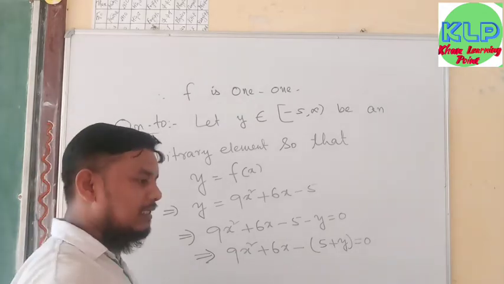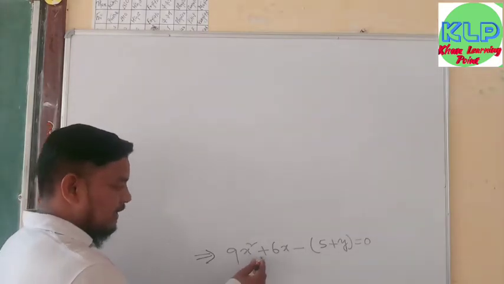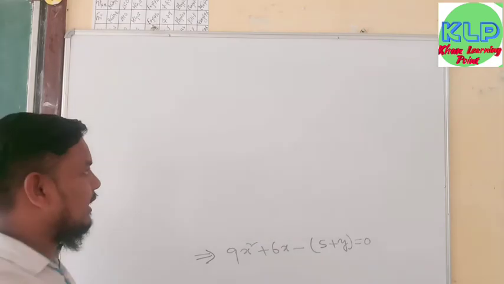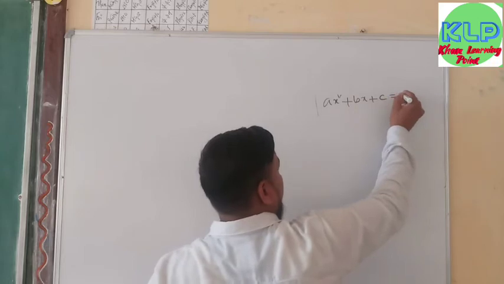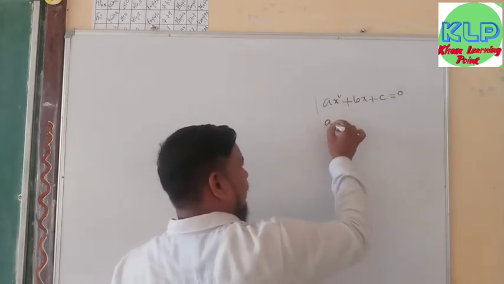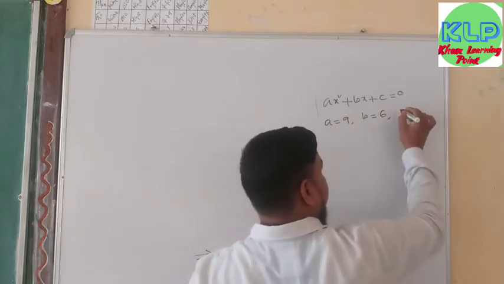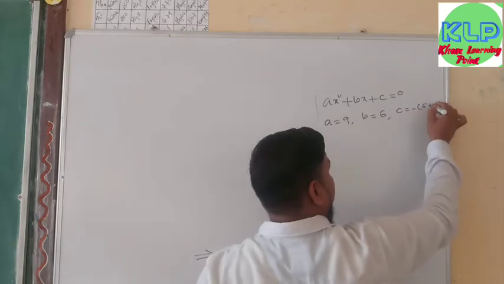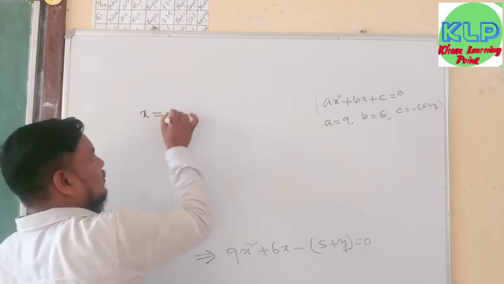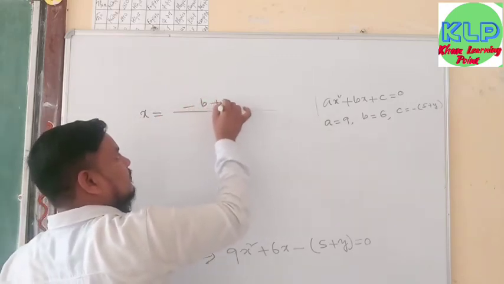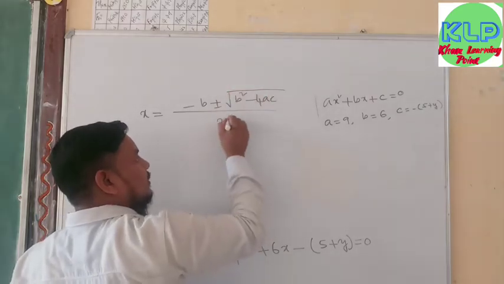So what can we do here? We can use the quadratic formula. If we compare this quadratic equation 9x square plus 6x minus 5 plus y with ax square plus bx plus c equal to 0, then we will get the value of a is 9, b is equal to 6, and c is equal to minus 5 plus y. Okay, if we apply the quadratic formula, then we will get x is equal to minus b plus minus root over b square minus 4ac divided by twice a.